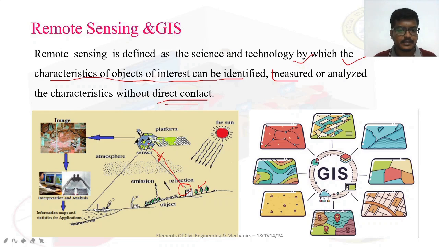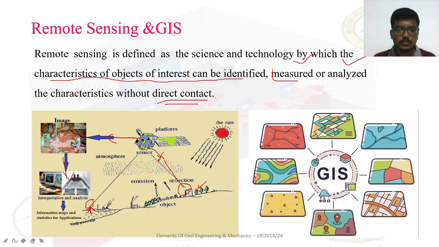Once it is captured, it is sent to the person who is sitting here, and he directly gets the image. Once he gets the image, he can interpret it, analyze it, and information, maps, and statistics for application can be collected.